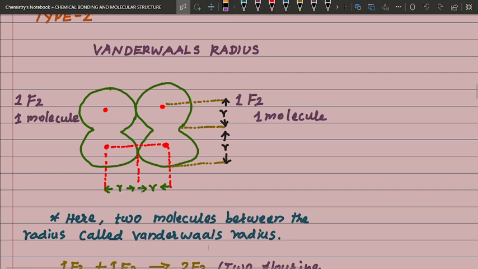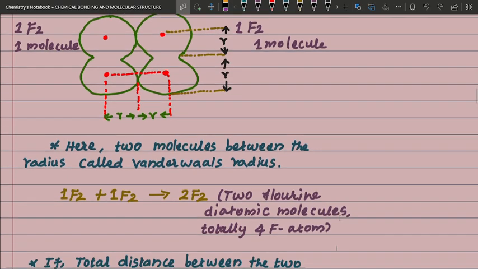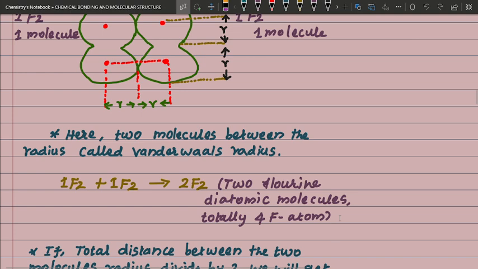It is the radius, seen at the center point. The radius between the two molecules is called the van der Waals radius. Van der Waals was a famous scientist.